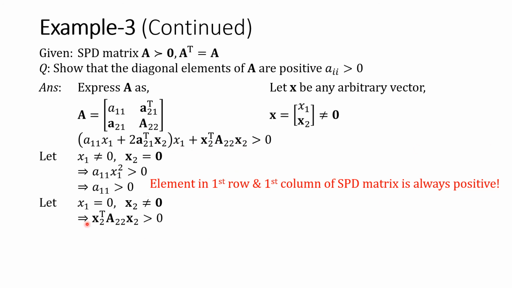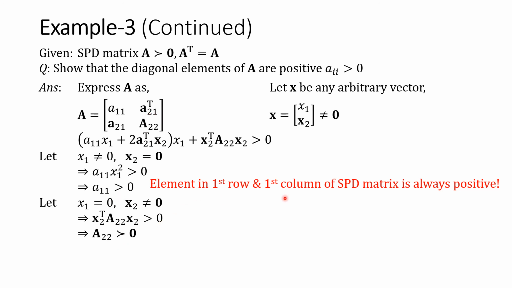Whence, plugging in the value of x1 equals 0, we get x2 transpose A22 x2 is greater than 0. Which means that x2 can be anything non-zero. So it means that A22 is also positive definite.